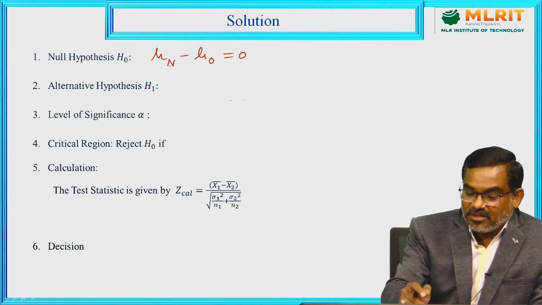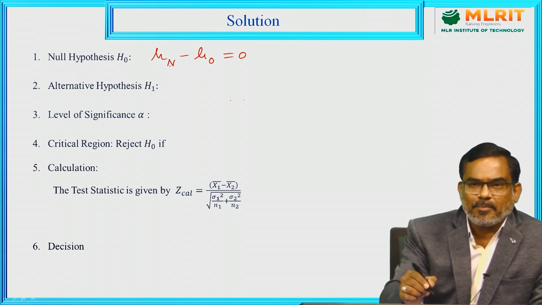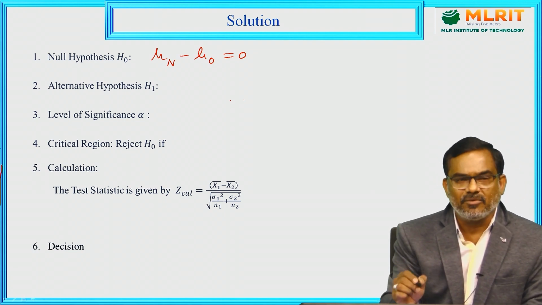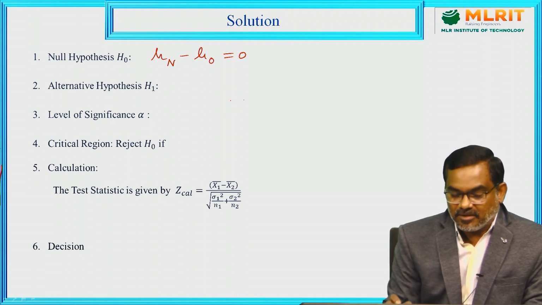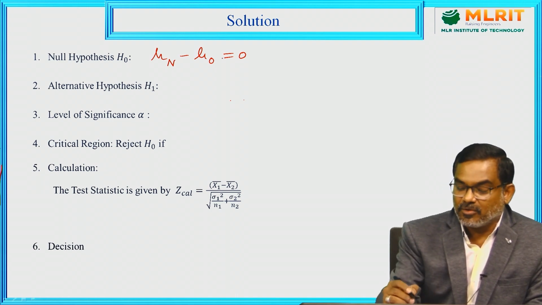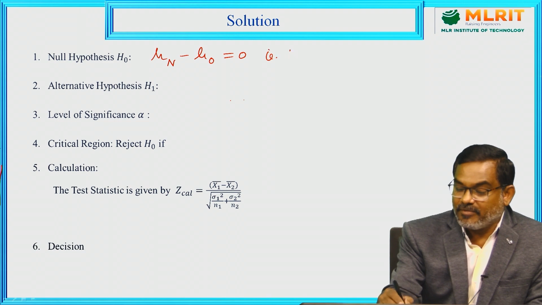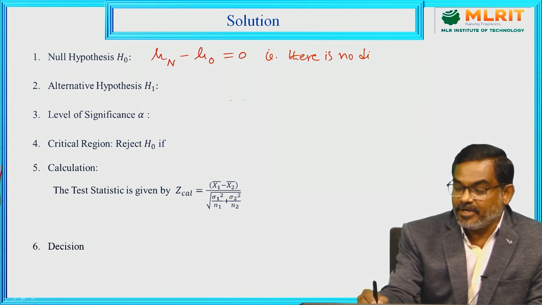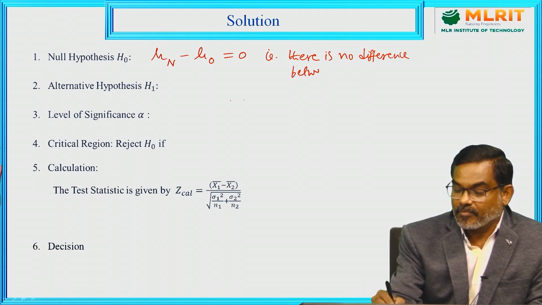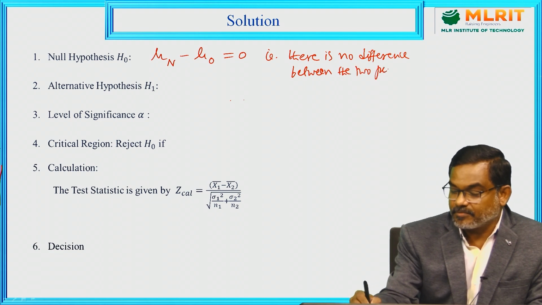So, here the condition is the null hypothesis must always be in the form of equal to 0. Therefore, mu N minus mu O equal to 0. There is no difference between the two pesticides.